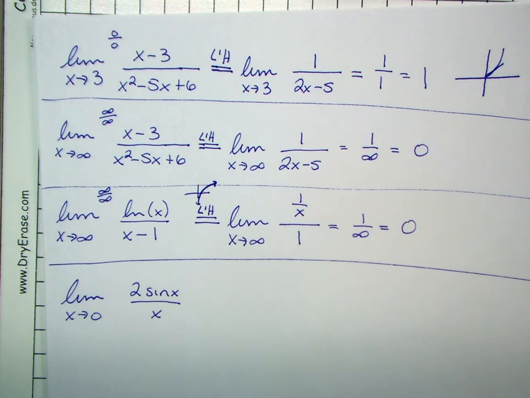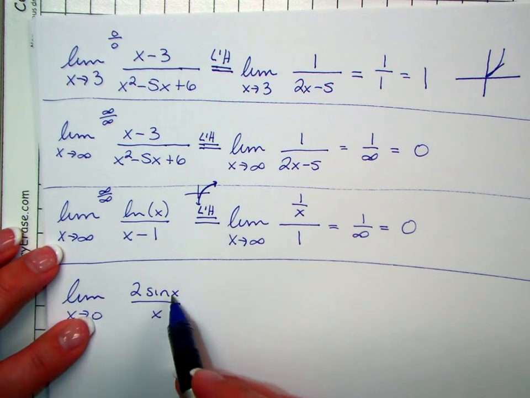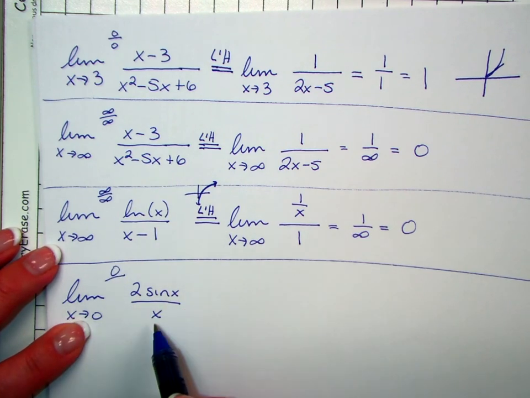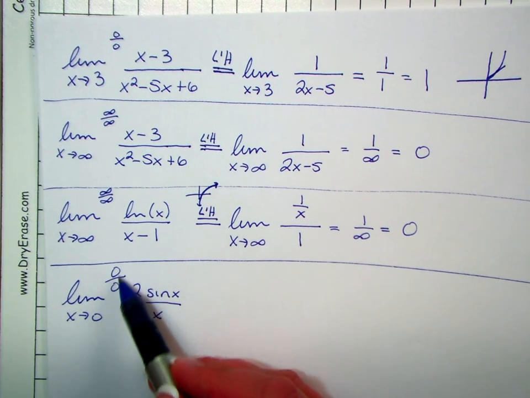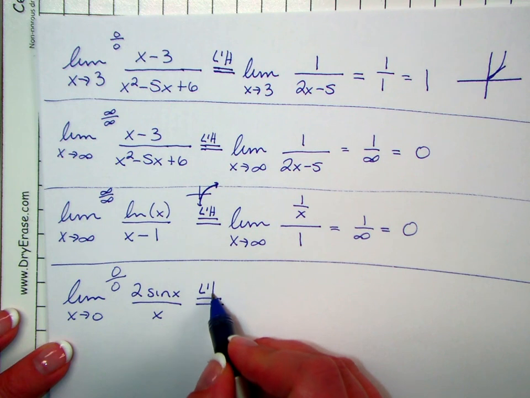If you plug 0 in, sine of 0 is 0, and 0 times 2 is 0. If I plug 0 in the bottom, obviously we're going to get 0. So this is indeterminate, 0 over 0. So let's go ahead and L'Hopital this function.